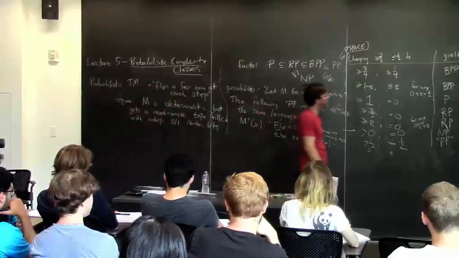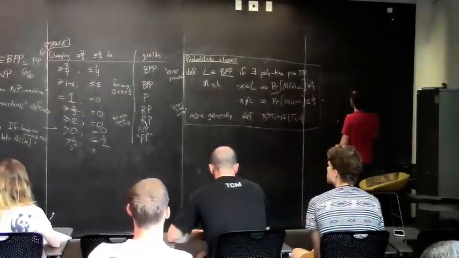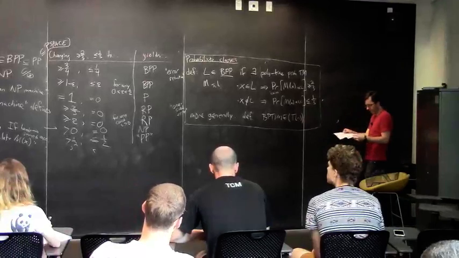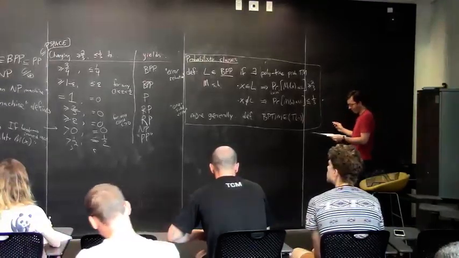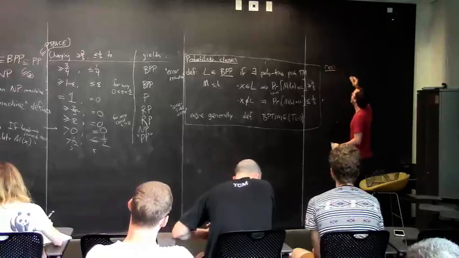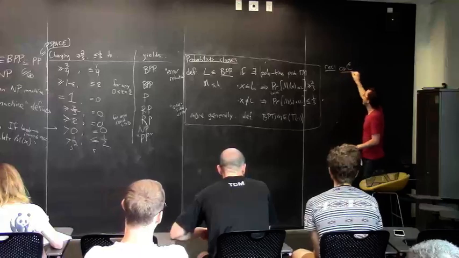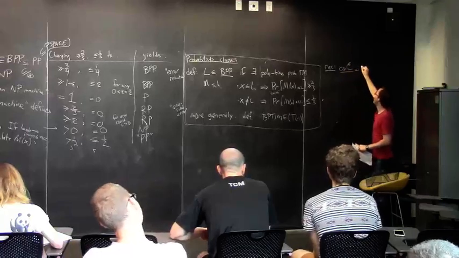OK, let me remind you of yet another piece of complexity terminology that I guess you've seen before, which is co. So recall that co-C, if C is a complexity class, is a very simple concept.